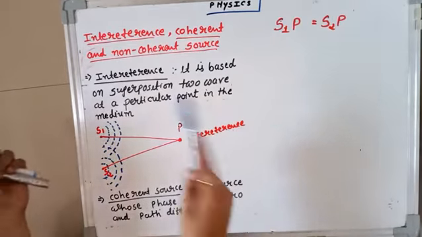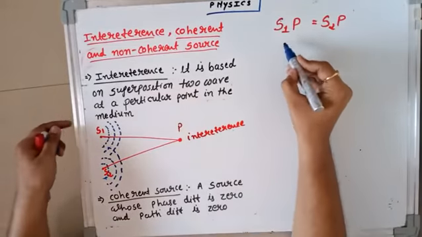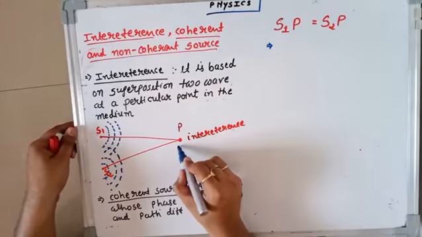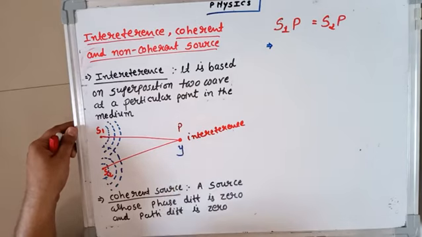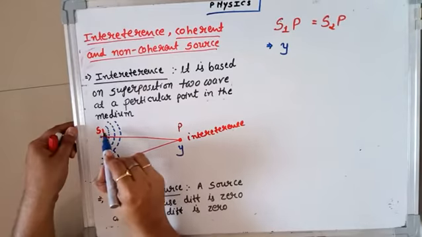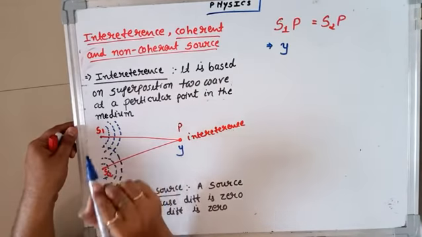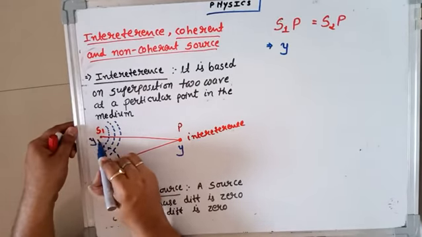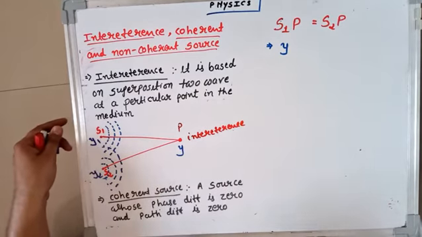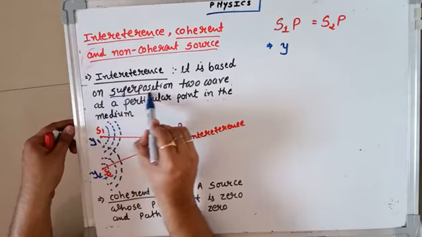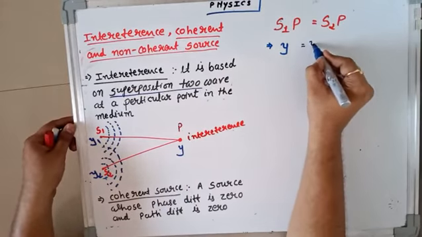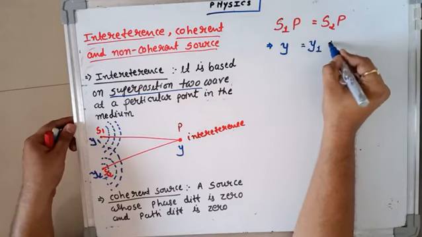After that, interference is the superposition. Superposition means the resultant displacement, we can say it is y. The displacement through S1 is y1, and the displacement through S2 is y2. According to the superposition concept, y is equal to y1 plus y2.